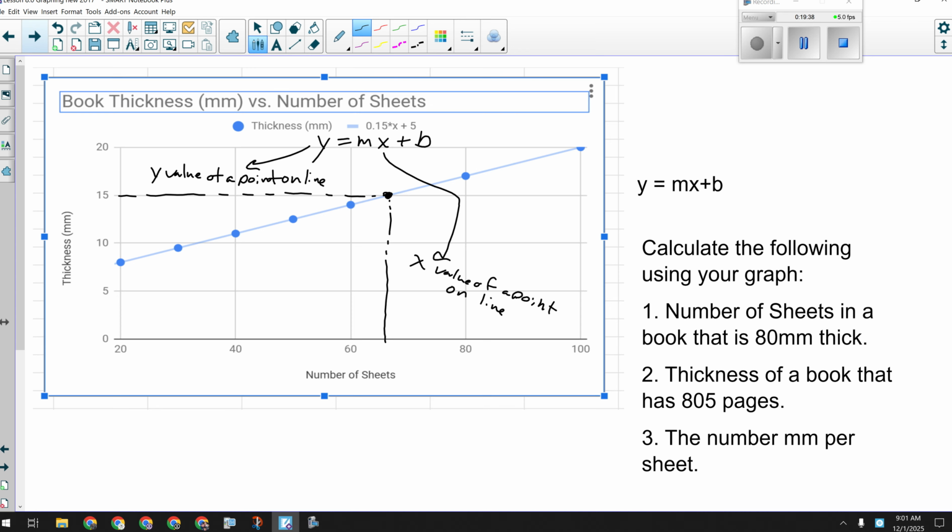m is the slope of the line. Slope is the rate that y changes over x. That'll make more sense in a minute.